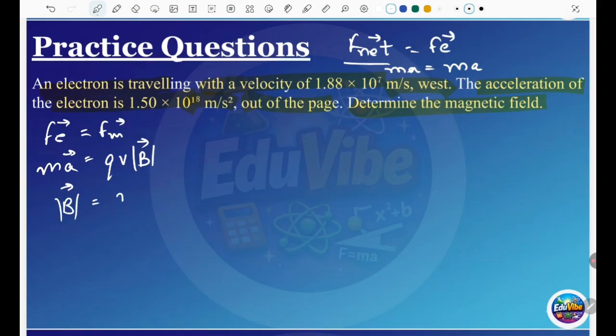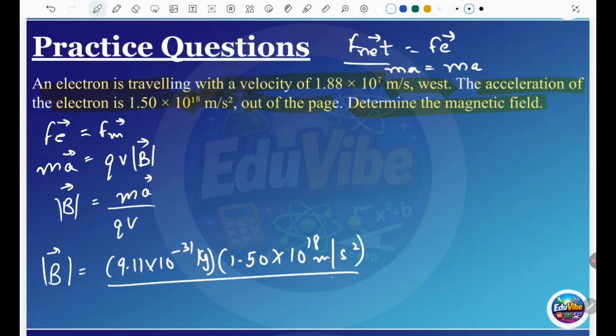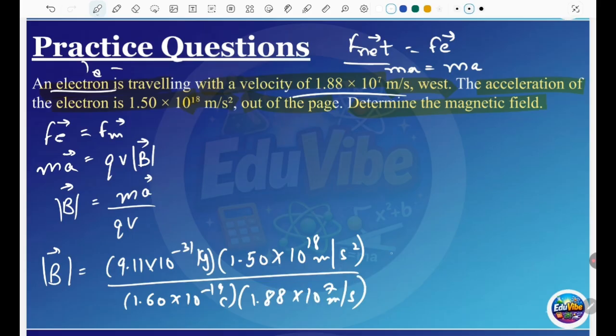Then the magnetic field B is equal to ma divided by qv. So B is the mass of the electron, 9.11 times 10 to the minus 31 kg, times the acceleration, 1.5 times 10 to the 18 meters per second squared, divided by the elementary charge q, 1.6 times 10 to the minus 19 coulombs, times v, the velocity given to us, 1.8 times 10 to the power 7 meters per second.